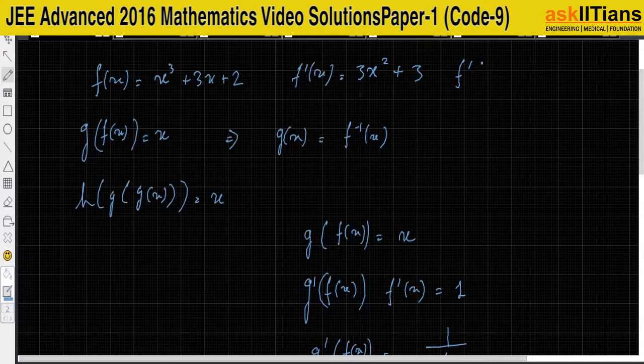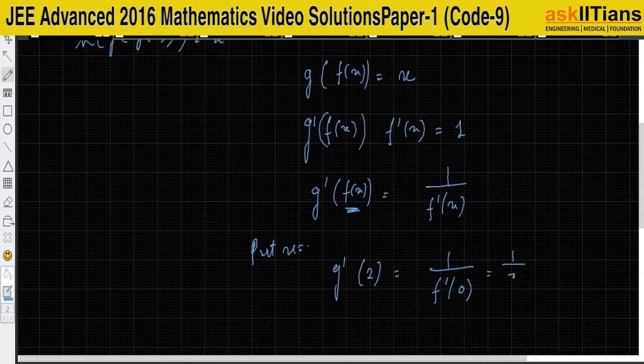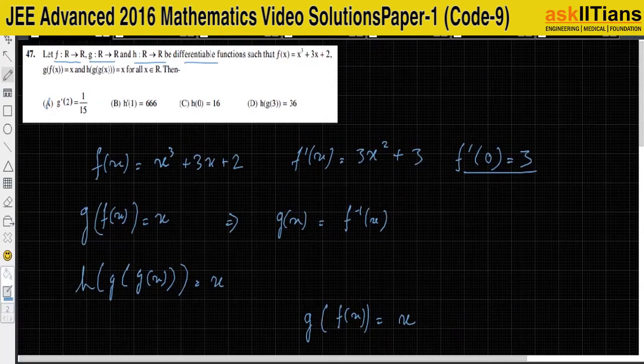That means f dash of 0 will be equal to 3. So answer for this part will be 1 by 3. So option A is not correct. Let's check with option B.